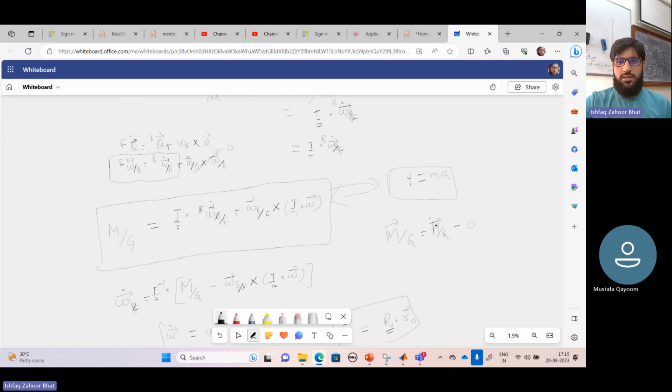So it means the rate of change of the angular momentum is 0, which means that H with respect to G is some constant. So the angular momentum is constant. This is what our equation says. Okay, you are asking something. Go ahead.